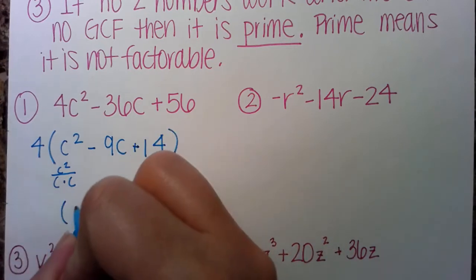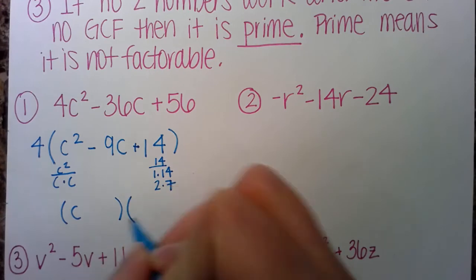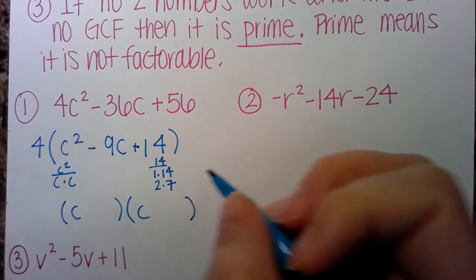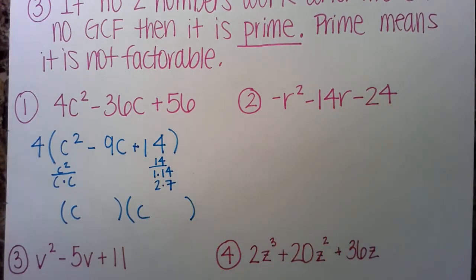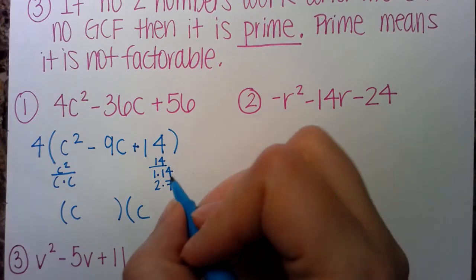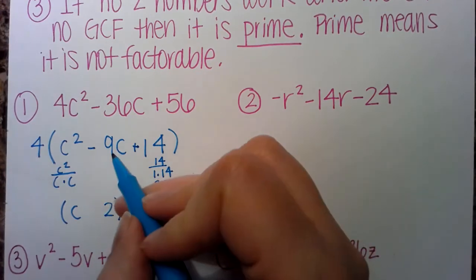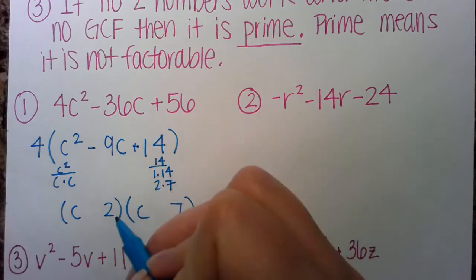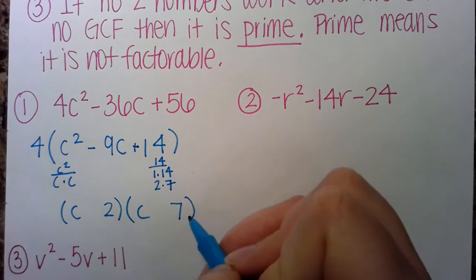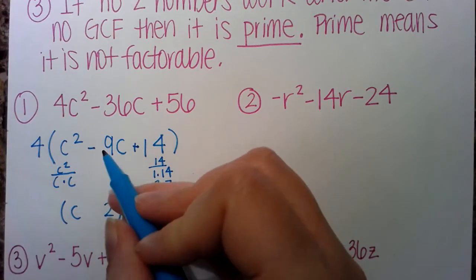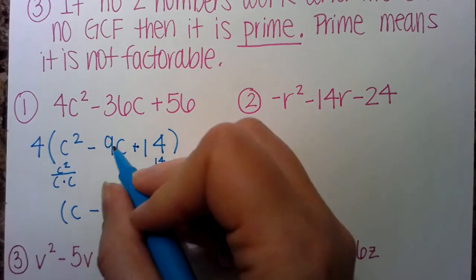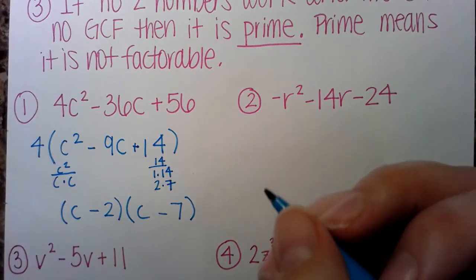So I'm going to have c and c go in the first terms. And then I'm going to use 2 and 7, because that's going to somehow get us to negative 9. And because it's a positive 14, this means it could be 2 positive numbers or 2 negative numbers. I'm going to do negative, because that's going to help me get up to 9c.